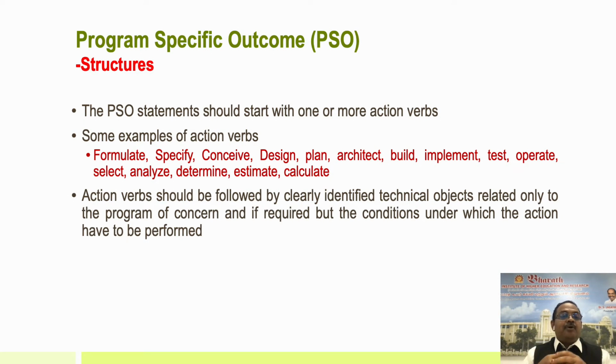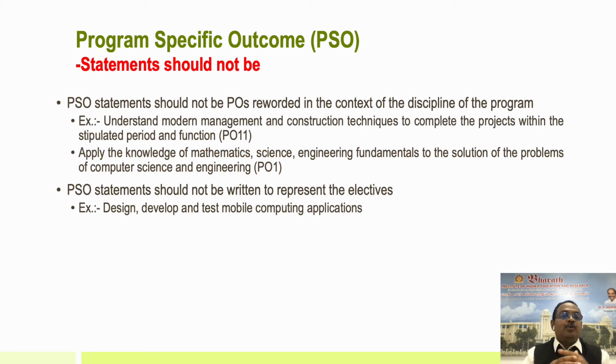Such types of action verbs we can use at the time of developing program specific outcomes. Action verbs should be followed by clearly identified technical objectives related only to the program of concern, and if required, the conditions under which the action has to be performed. This is the structure for the program specific outcome.